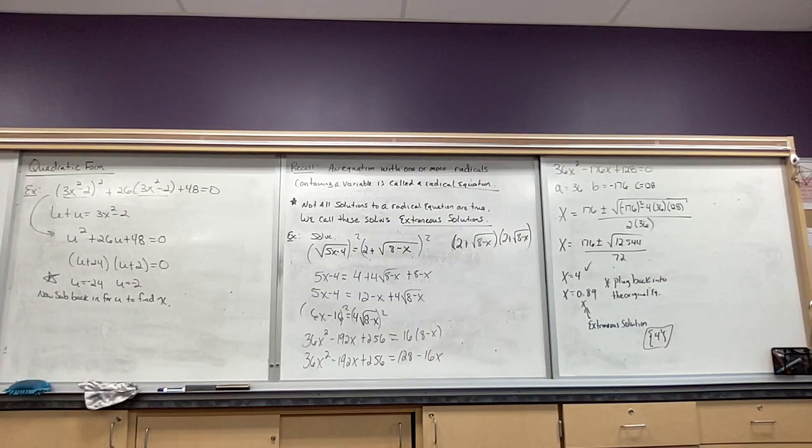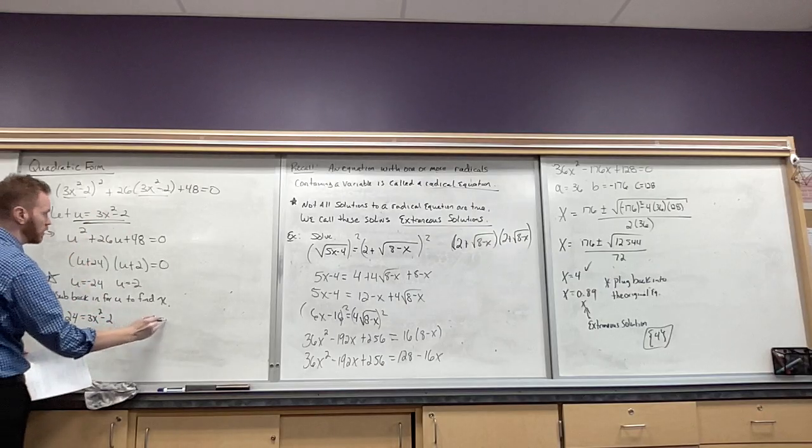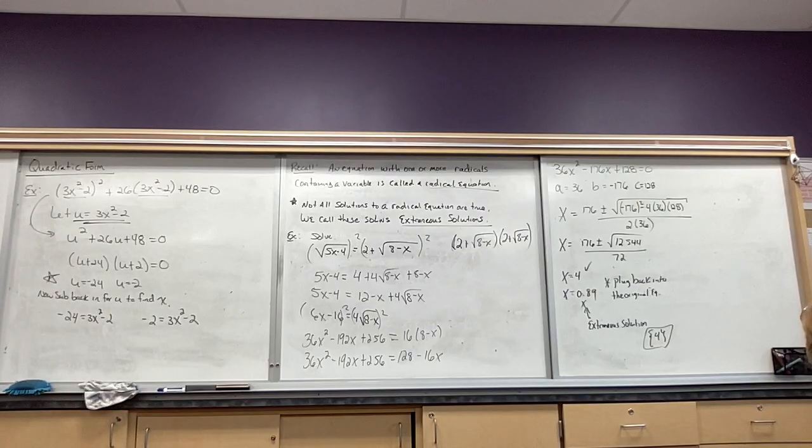Okay? And by the way, we use u substitution a lot in mathematics. So if you're going to take calculus, you'll do it with integrals, with sometimes derivatives. I mean, there's a lot of applications for it. So up here, let's take u out and put negative 24 in its place. And then the other solution would be negative 2 equals this guy. Okay?